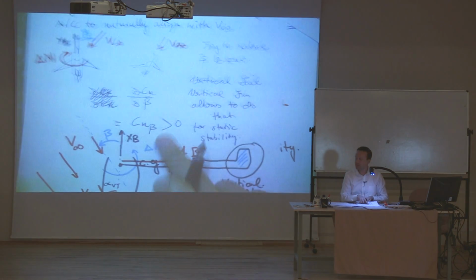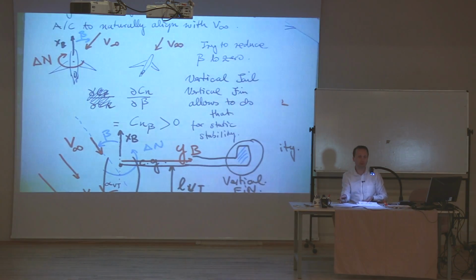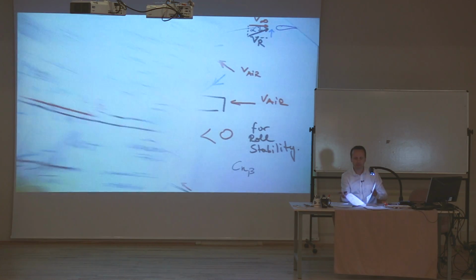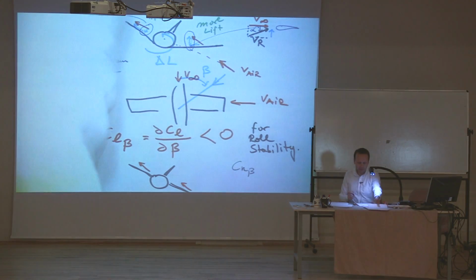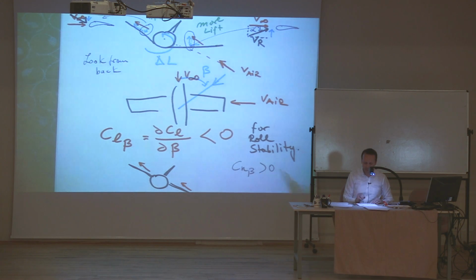We looked at CN beta. CN beta must be positive for yaw stability. Remember? So that means because of the beta, we will also have a yaw angle.